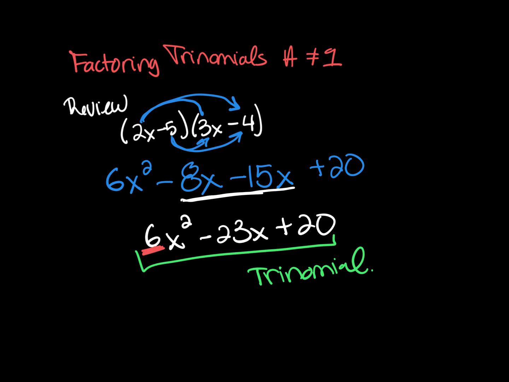We can't factor this only by looking at the 20. We have to take the 6 into consideration as well so that we can factor and get back to this factored form. So we're going to do a couple examples on the next page that show us how to go through the pattern of working backwards, aka factoring trinomials.